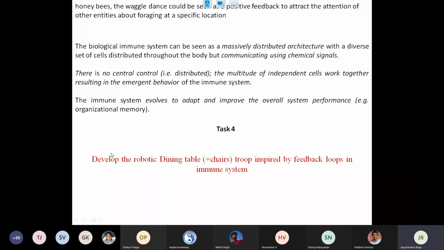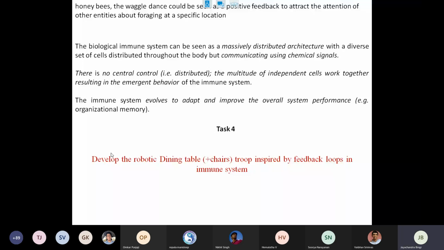That means in the hotel, you are using robotic dining tables plus chairs. Those all together I call a troop. Okay.